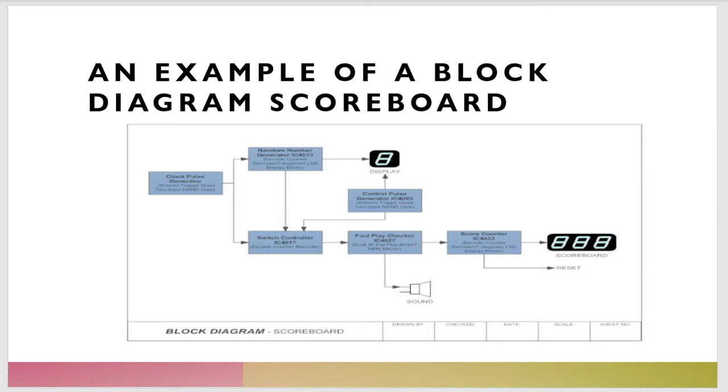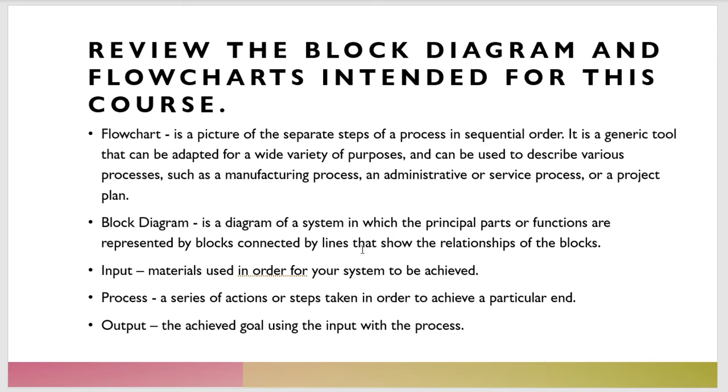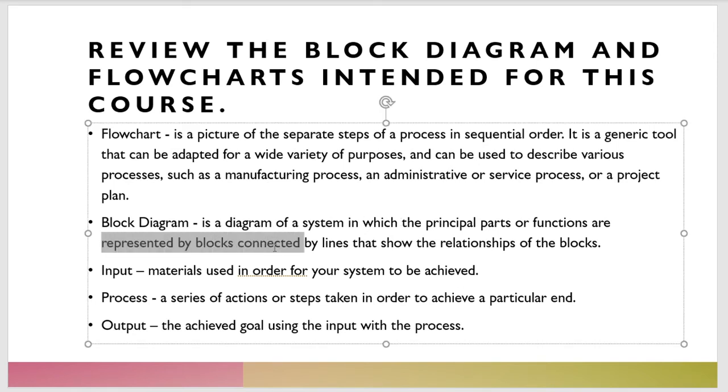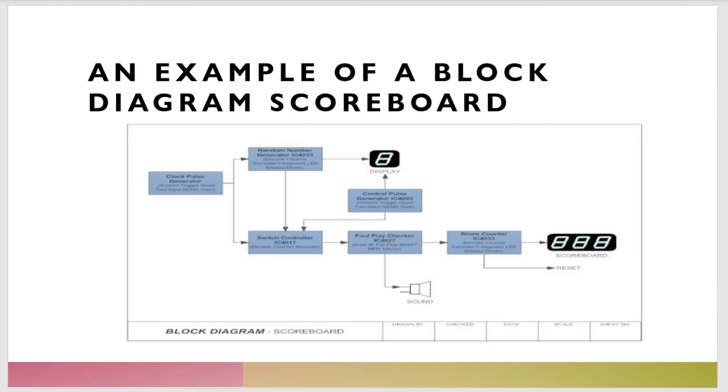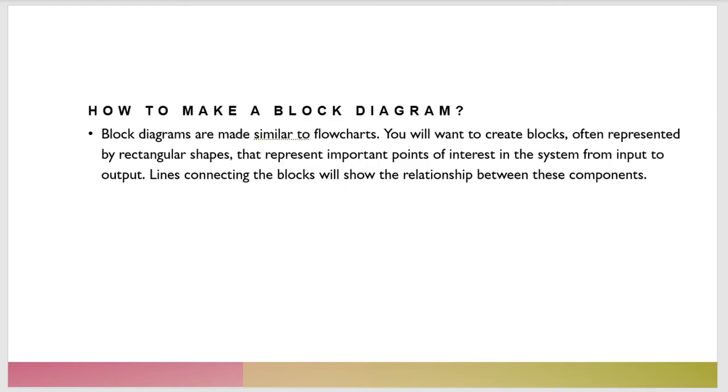Now, this is an example of a block diagram of a scoreboard. So here you can see the inputs, and the block diagram shows from our definition earlier. So they are represented by blocks connected by lines, as you can see. Okay, now how do we make a block diagram? Block diagrams are made similar to flowcharts.